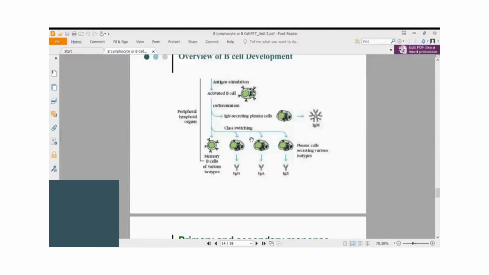Just to tell you briefly, as I've already explained class switching, what is meant by allelic exclusion? You all know from genetics that a given gene will exist in pairs. If it exists in more than one pair, it will be multiple alleles, right? So, for example, the IgG gene has a pair of genes. Similarly, IgA, like that.